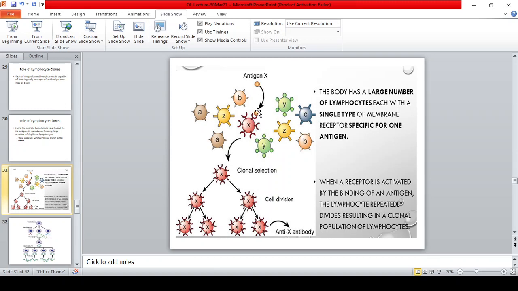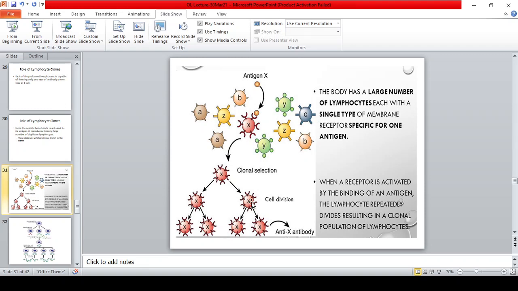So it will bind with its receptor protein present on the X lymphocyte, and that X lymphocyte will then become activated, and it will reproduce to form many lymphocytes which are very similar to the X. All these lymphocytes which have developed from the activation of a certain lymphocyte are known as the clone of that lymphocyte.